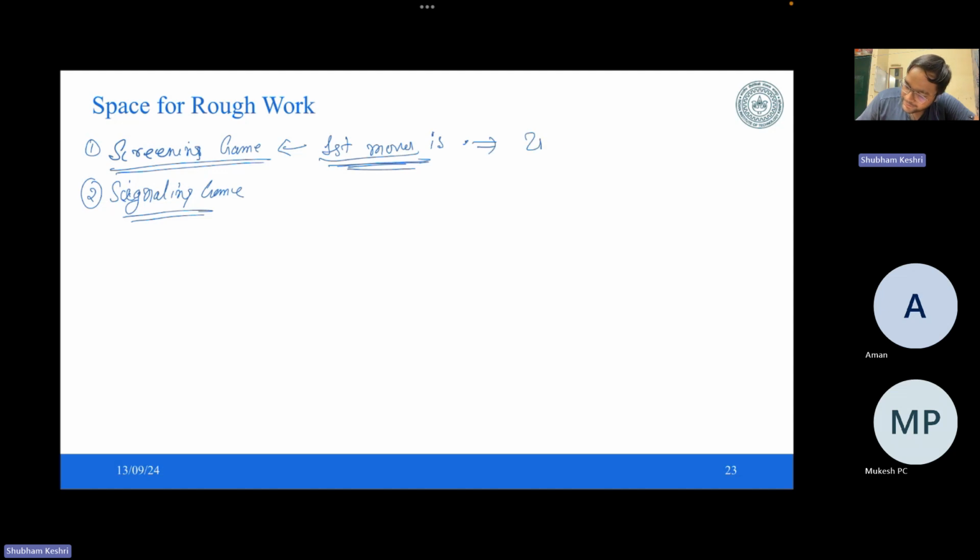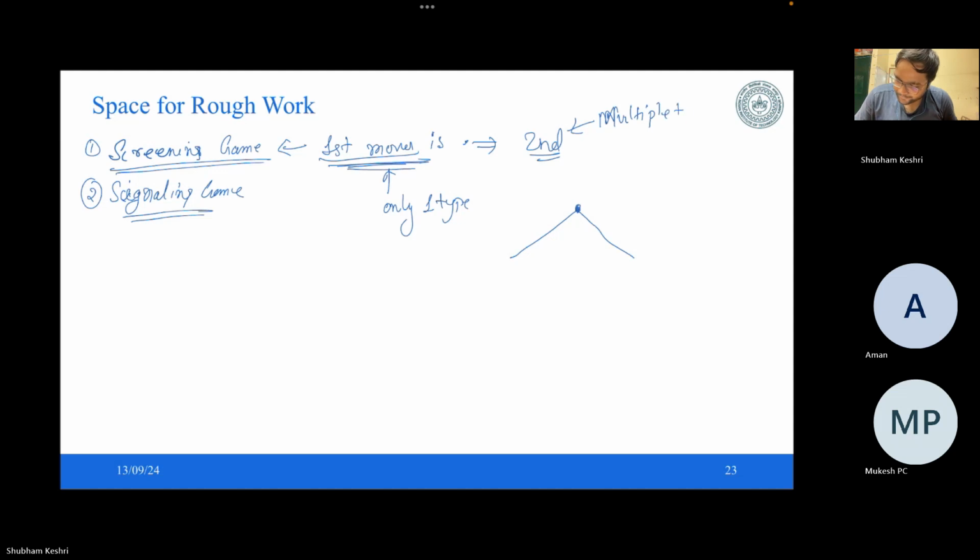He is only of one type. The second mover can have multiple types. In a signaling game, it is the opposite. The first mover has multiple types.